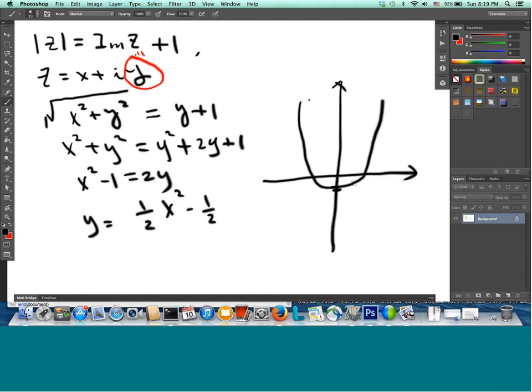So what is the focus of this one? What is the directrix? How do you calculate the focus?